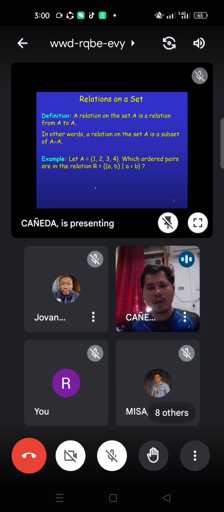A relation on a set A is a relation from A to A. In other words, a relation on a set A is a subset of A times A. Take the example: let A be 1, 2, 3, 4. Which ordered pairs are in the relation of ordered pairs (a, b) such that a is less than b?